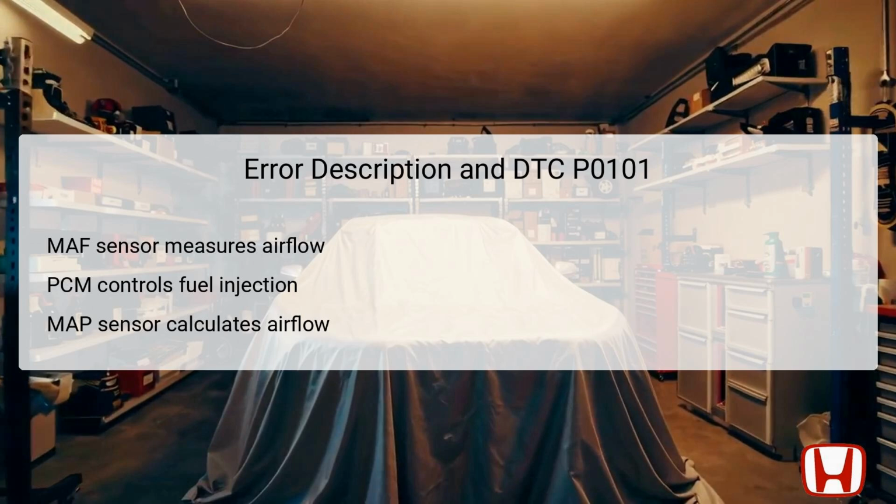This function of cross-referencing the data between the MAF and MAP sensors helps maintain optimal engine efficiency and performance. The error typically arises in situations where the MAF or MAP sensors are faulty, or if there are air leaks or obstructions in the intake system.